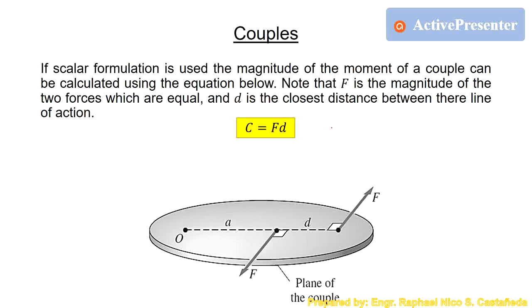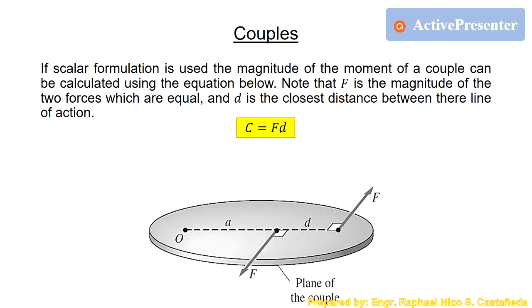If scalar formulation is used, the magnitude of the moment of a couple can be calculated using the equation below. So we have C, the magnitude of the couple, equal to F, the magnitude of the force, which is equal for the two forces.